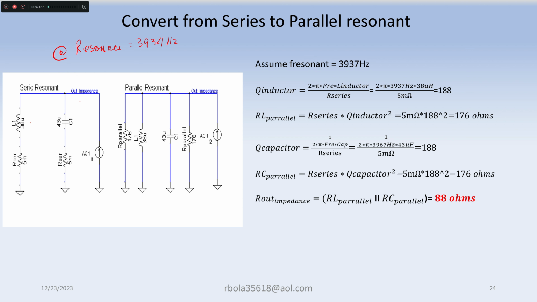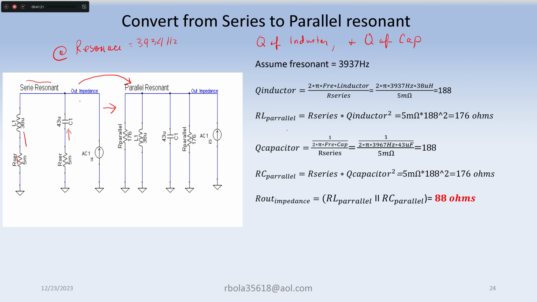So what we have to do is a conversion, from series to parallel, and before you do that, you have to do a little bit of calculations. You have to calculate the Q of the inductor and the Q of the cap.